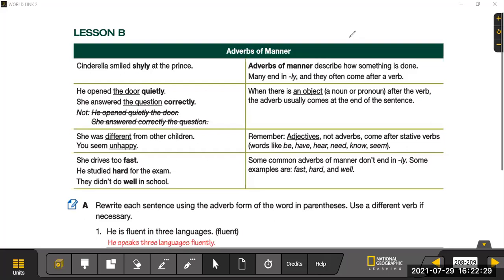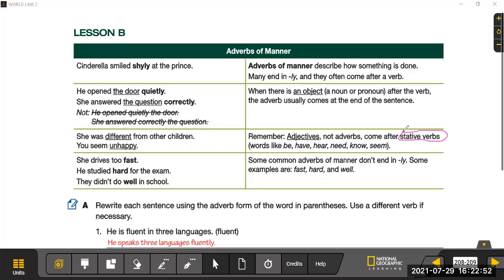The rule number 3 says, remember, adjectives, not adverbs, come after stative verbs. Do you remember the stative verbs? We were talking about that in the first two weeks of this cycle.